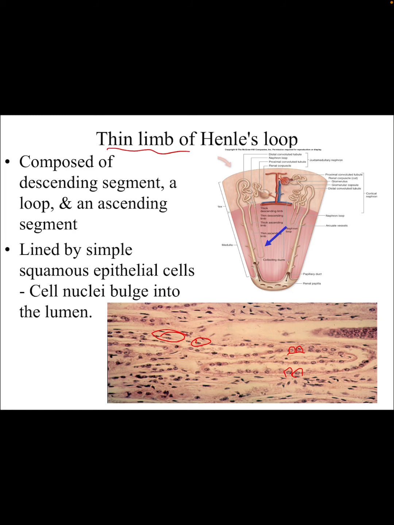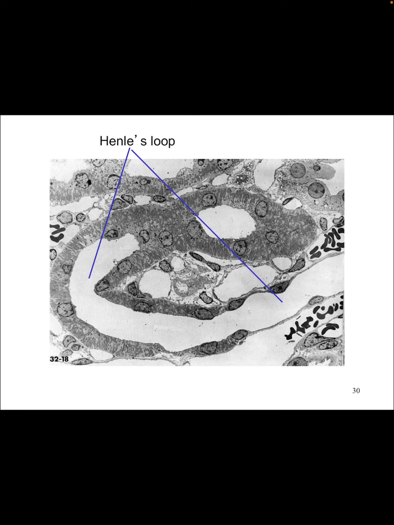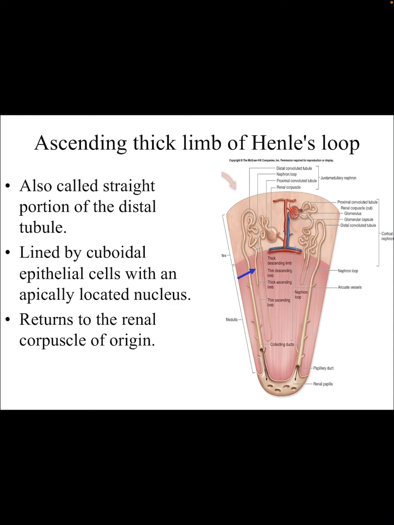So this is the thin portion. Again, this is the epithelium, simple squamous, whereas the epithelium at this side here is cuboidal epithelium. This is the thick portion, whereas the one that we have here is the thin portion of Henle's loop.